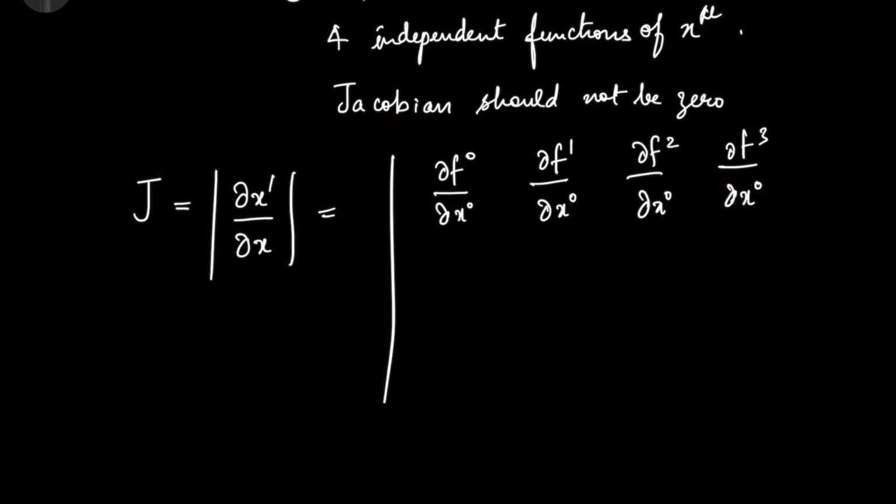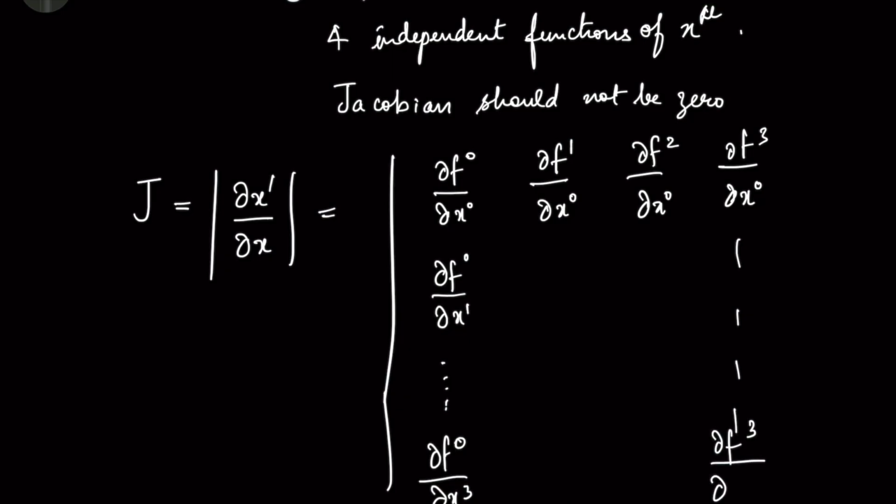Similarly, you have to write up to partial derivative with respect to x3, and here up to partial derivative of f3. So this determinant is known as the Jacobian.